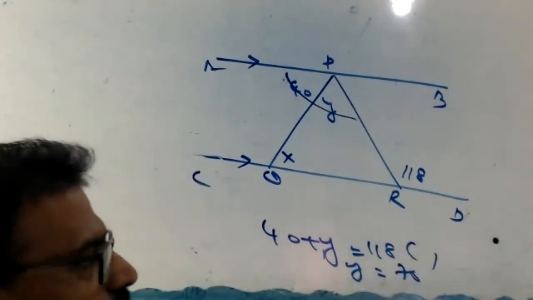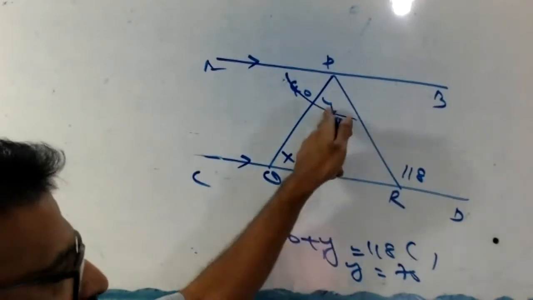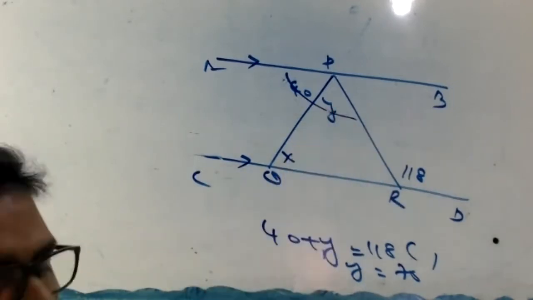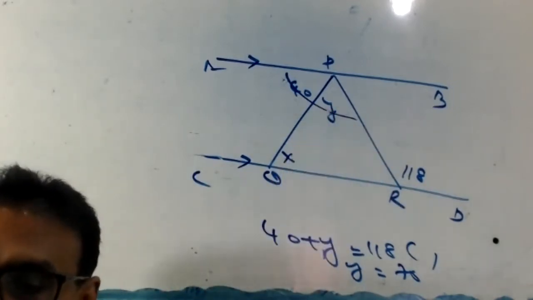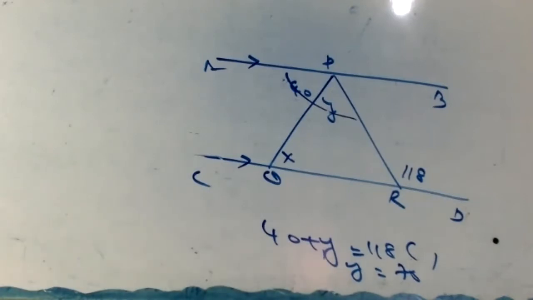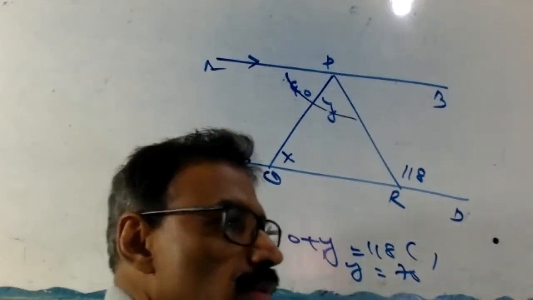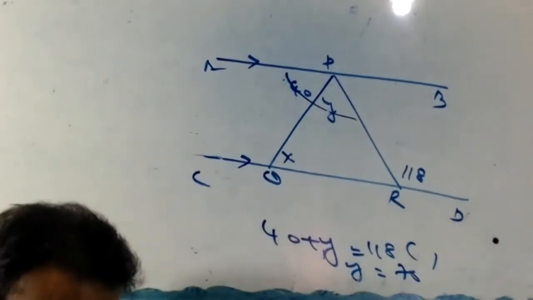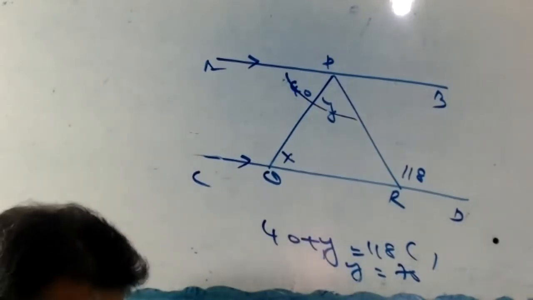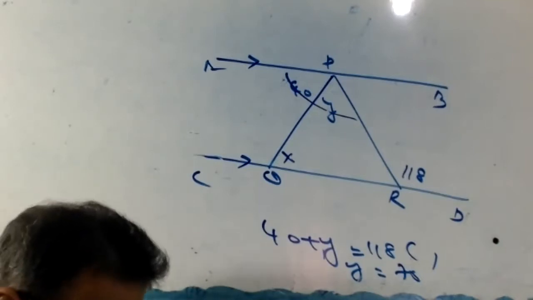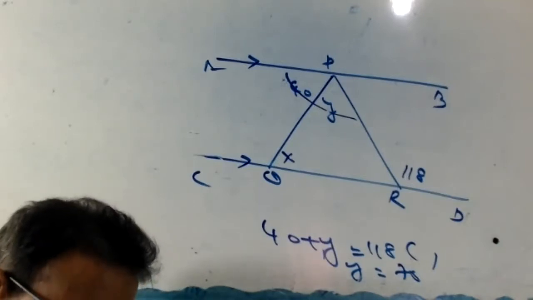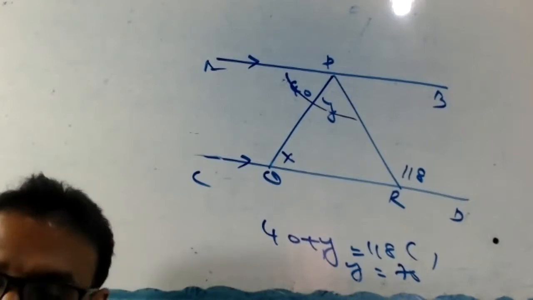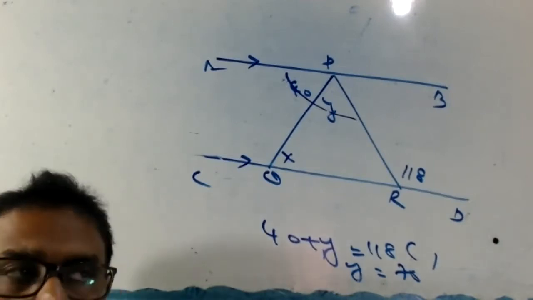This is alternate angles. So this one 78, this one 40. Finish. Okay.